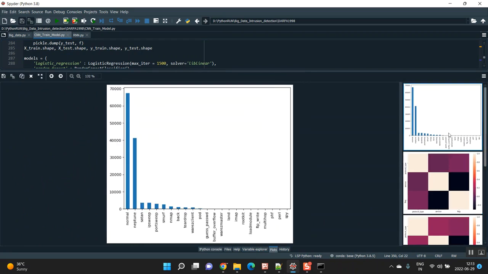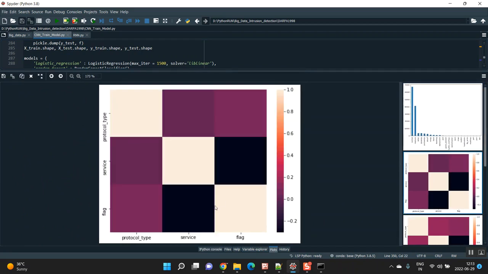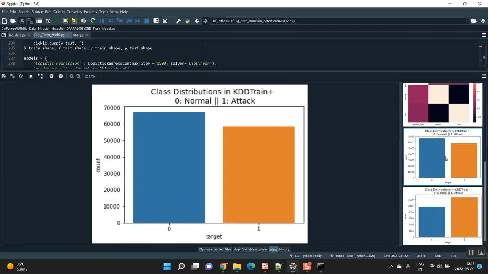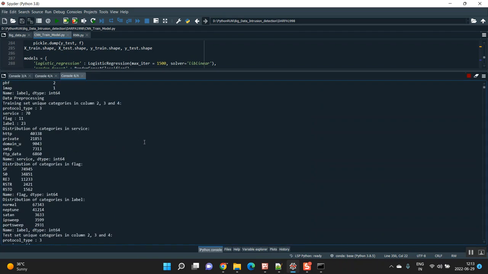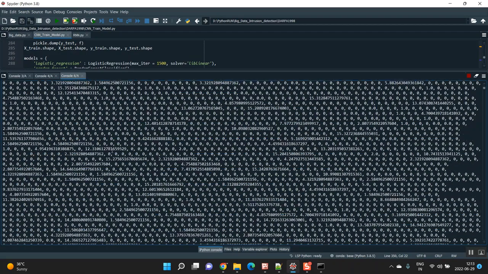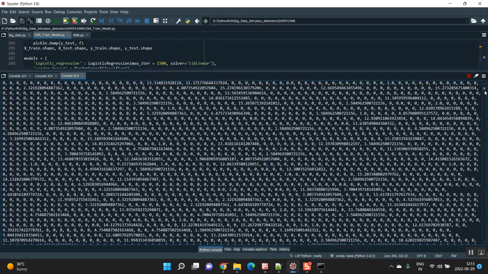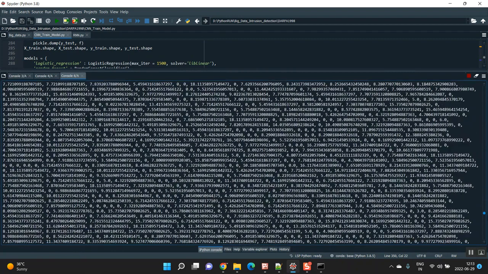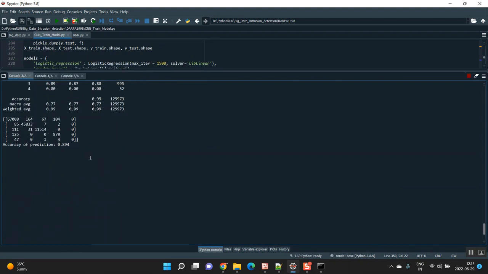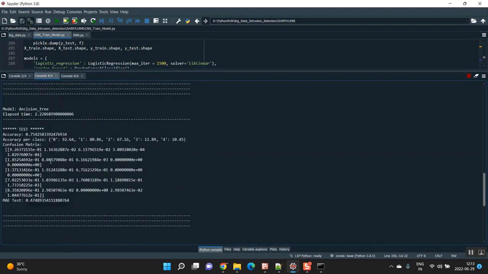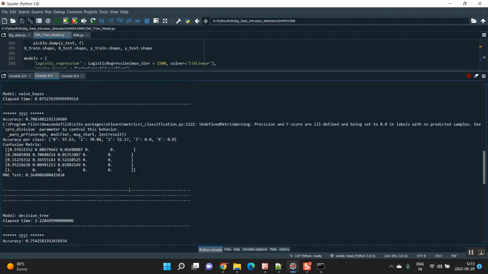I'm segregating here based on flag, protocol types, and services, and for the overall data set, how much has been trained and tested, everything we are calculating. And then finally it will calculate with RNN and provide you the result. So the loading time will be high.